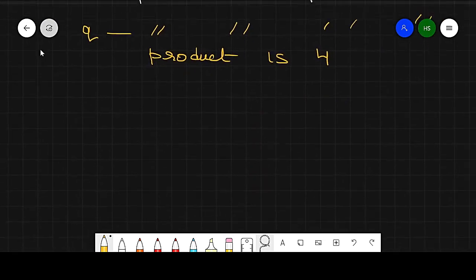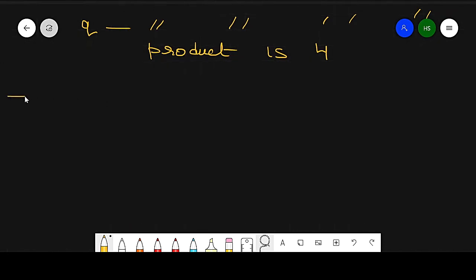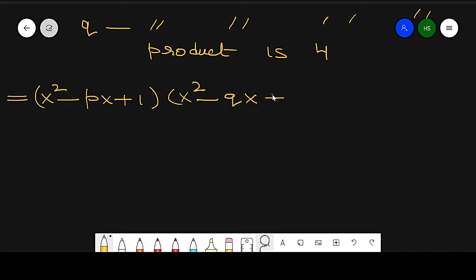So we get two quadratic equations. One is x^2 - px + 1. Second is x^2 - qx + 4.